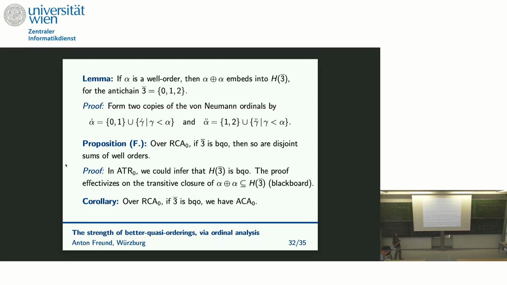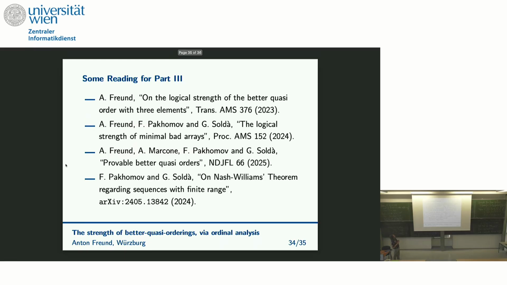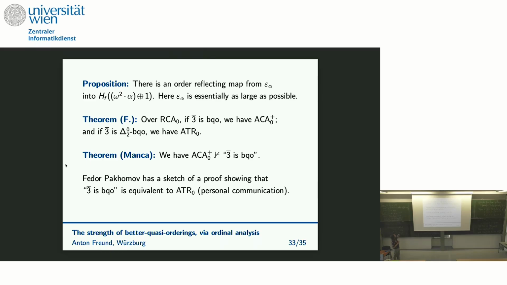Now we'll try to improve a little bit on that, and that's already the last slide. So you can do a bit more, namely rather than just embedding these notation systems omega to the alpha, you can even embed these notation systems epsilon alpha into, now you just take the hereditarily finite sets over these words.